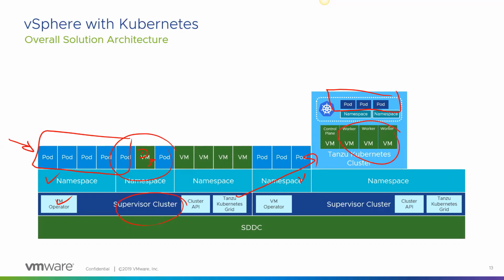Again, why? So essentially, there's a number of decision points, but one of which that's inarguable is performance, as you can imagine. If I want to give that performance and throughput for my pods, then you want to put those pods on the hypervisor directly, as opposed to putting them into a virtual machine.